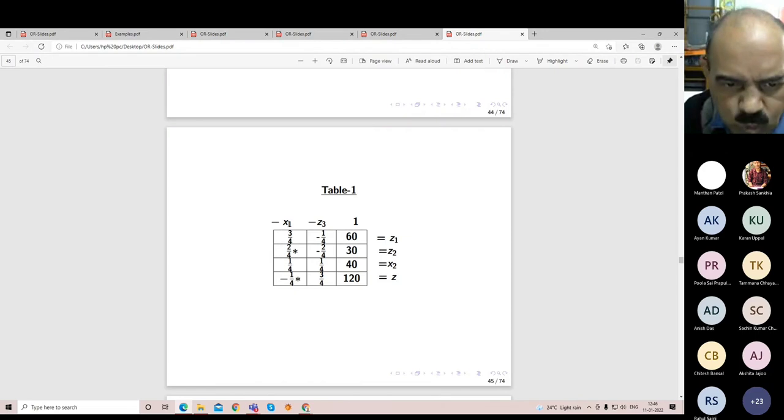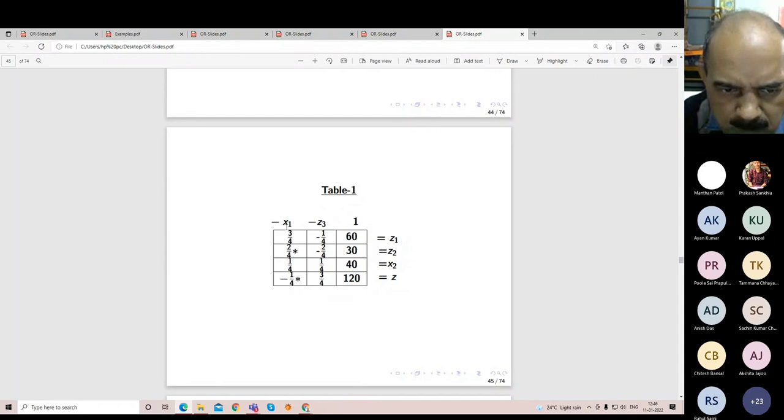So this x1 is our new basic variable and z2 is becoming a non-basic variable. Every time one becomes a basic variable, the other becomes a non-basic variable. Only this much change, no other change. Other labels you keep as they are.